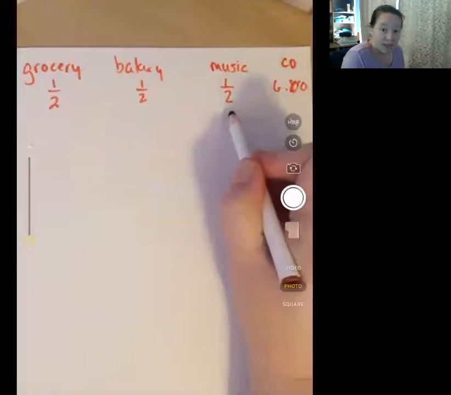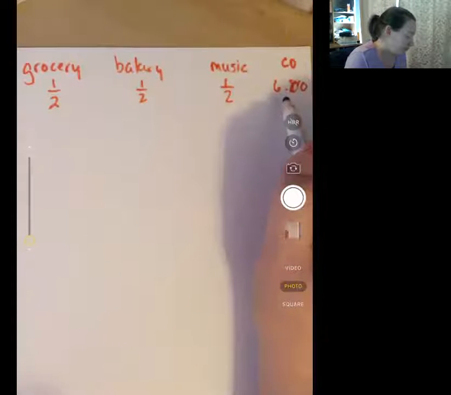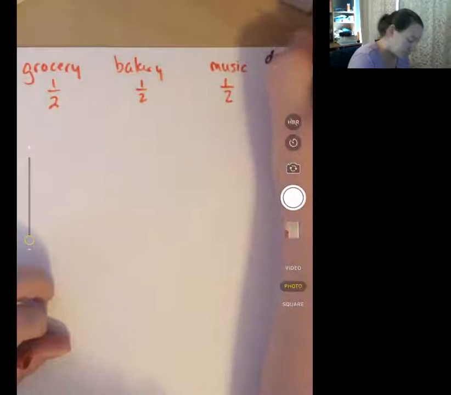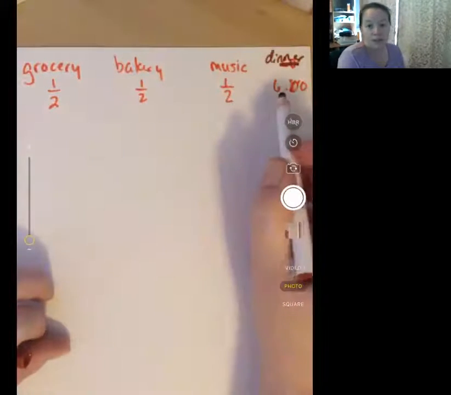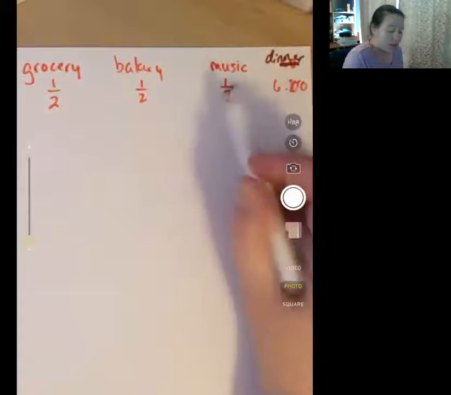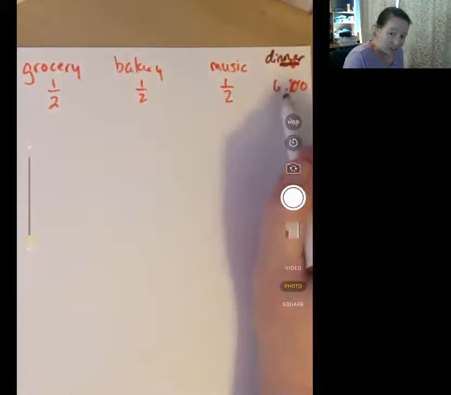All right. So she spent half the money at the music store, and then she was left with, sorry, oh no, so wait, this was dinner. Okay. So she had $6 for dinner. When she was at the music store, she had spent half, and then she ended up with $6.